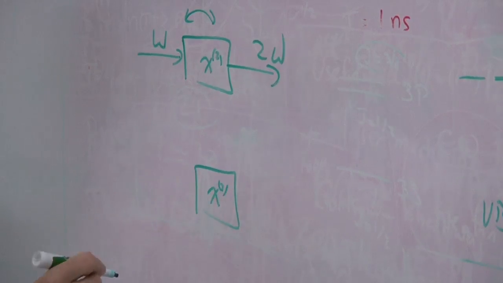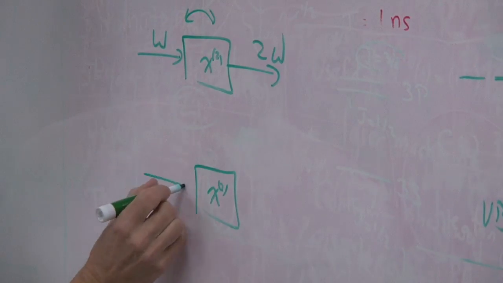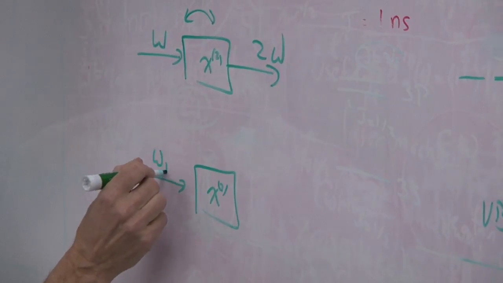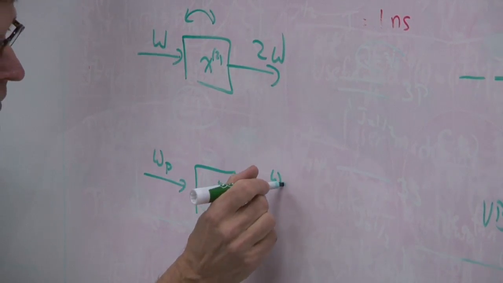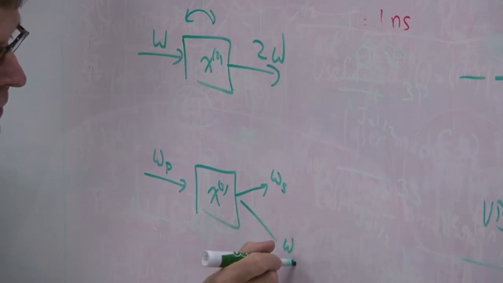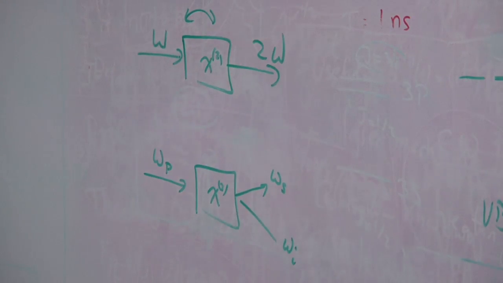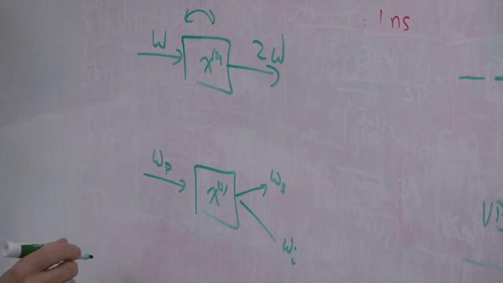Now, there's another process that naively looks to be just the inverse of this. But here you come in with a pump laser and you generate a signal and an idler photon.